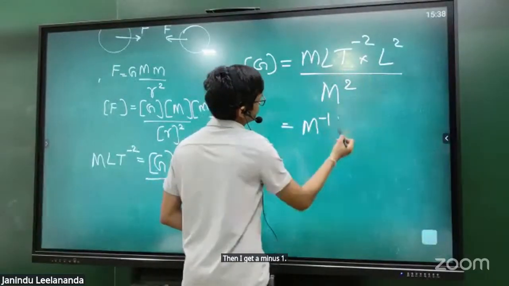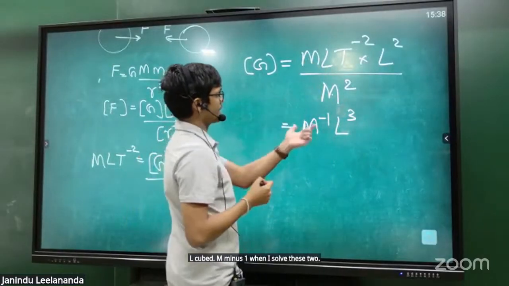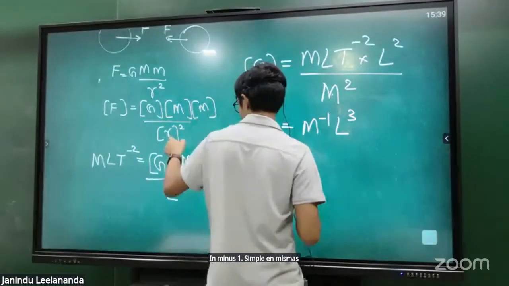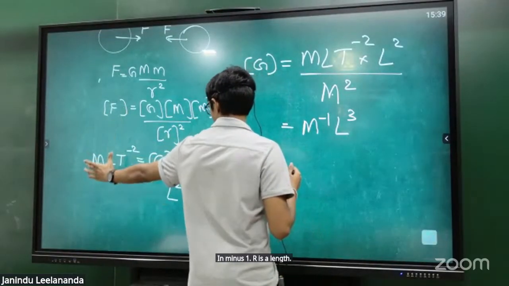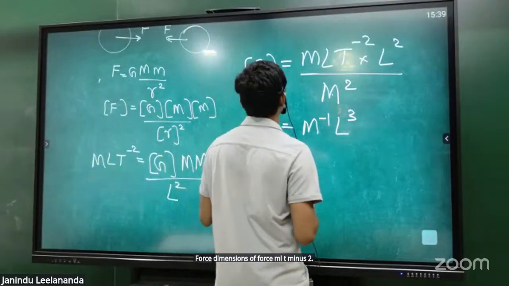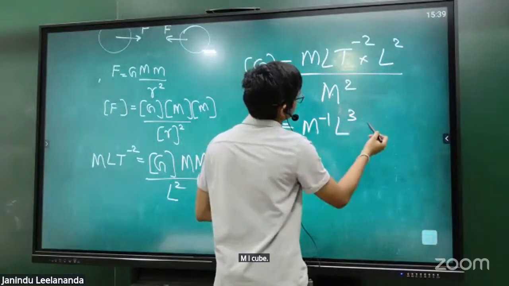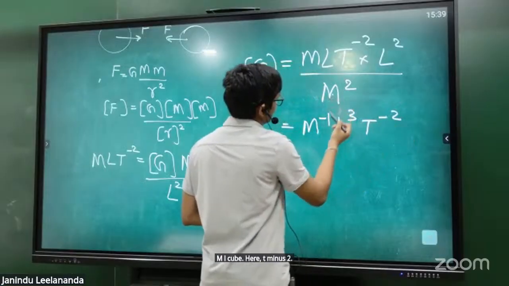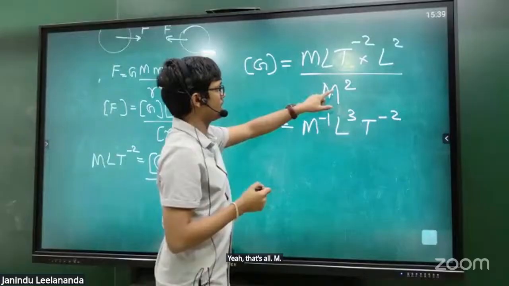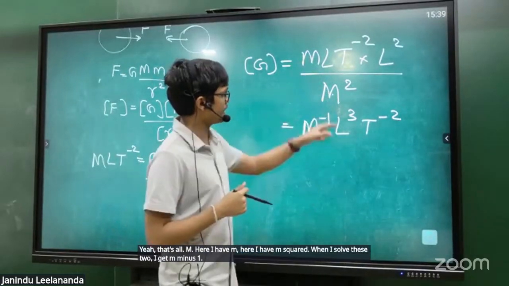Simple m is a mass, capital M is a mass, r is a length, and the dimensions of force are MLT minus 2. Here I have M, here I have M squared. When I solve these two, I get M minus 1. Then L cubed, T minus 2. So the dimensions of G are M minus 1 L cubed T minus 2.